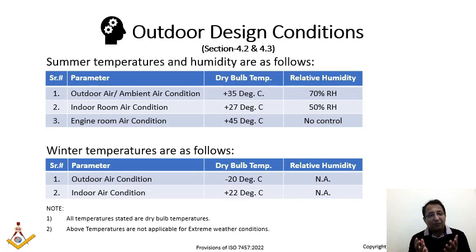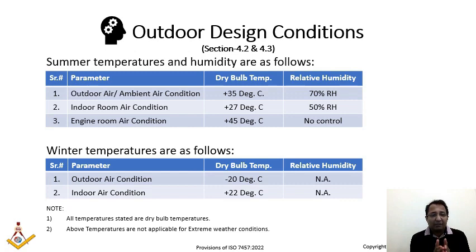But suppose the ship is constantly moving only in a cold sector like the North Sea, or it has to operate only in the Middle East, then these conditions we cannot consider. But for all other regions, we can state the conditions as mentioned in ISO 7547. And if the ship is moving in the North Sea or the Gulf region, then we can take the respective temperatures of those regions and start the design based on that.